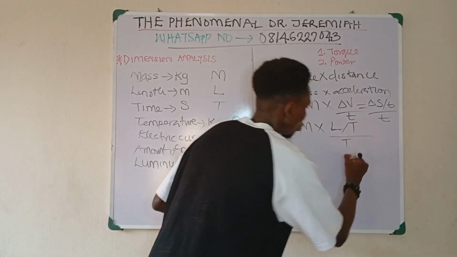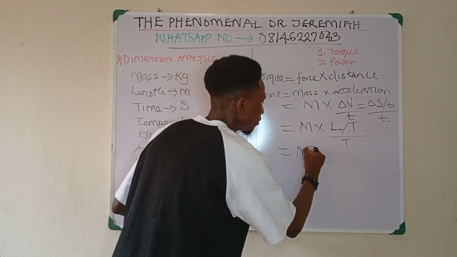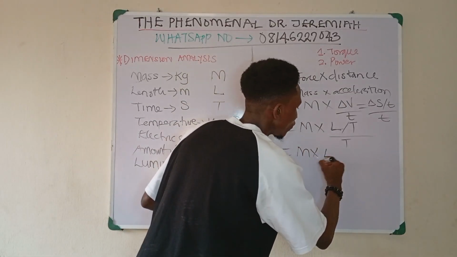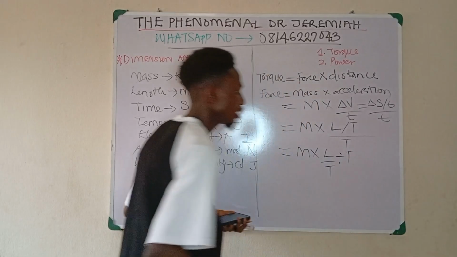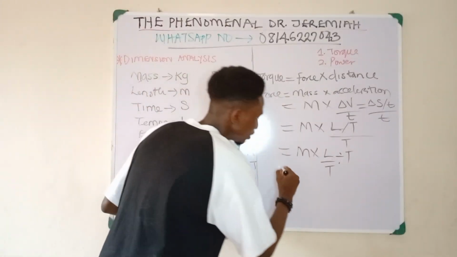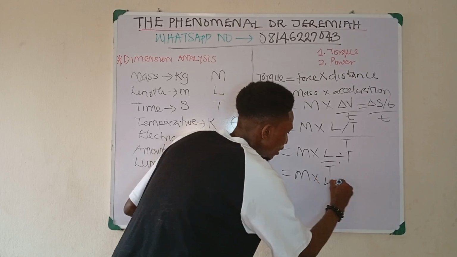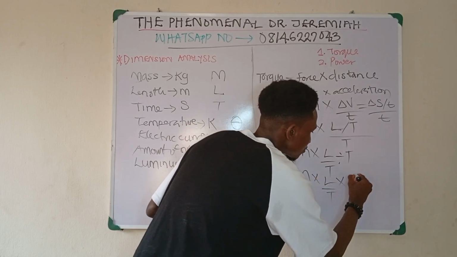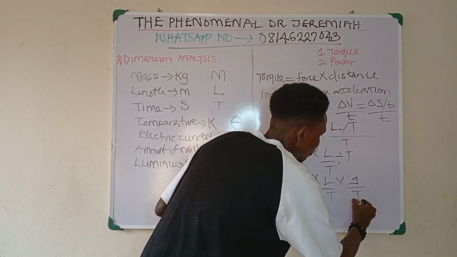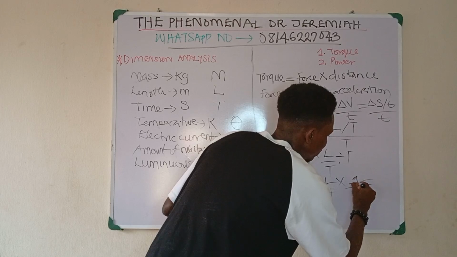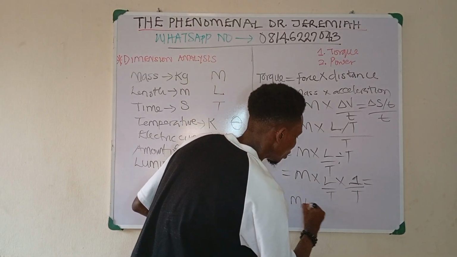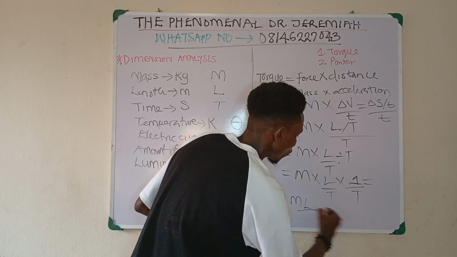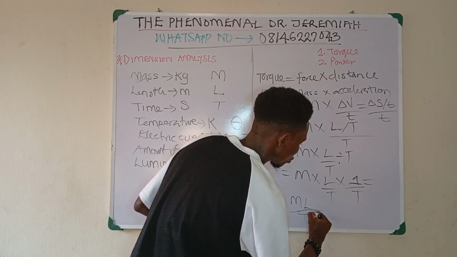We have T also. Now, you have M times L over T, divided by T. Now, from basic principle of math, you can basically just do M times L over T times 1 over T. Yes, so remove the division sign. So from there, you're going to get M L over T squared.